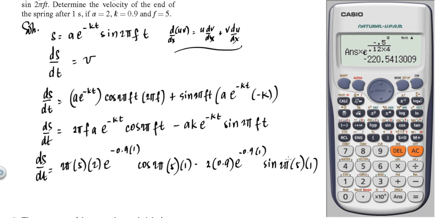Okay, merong sine 2 pi. Ano ito? Oho, 0 na yan.